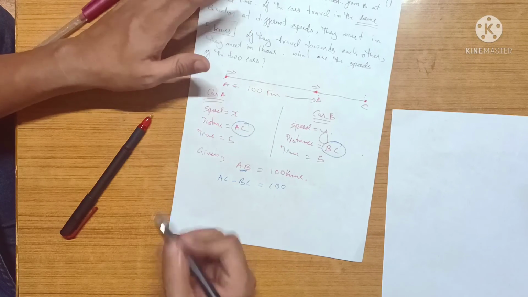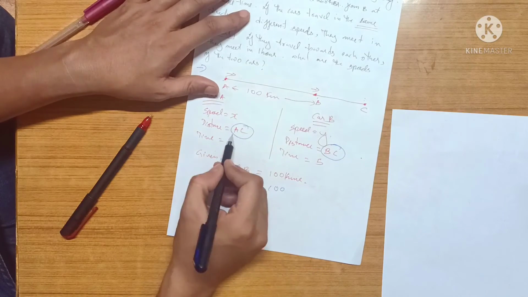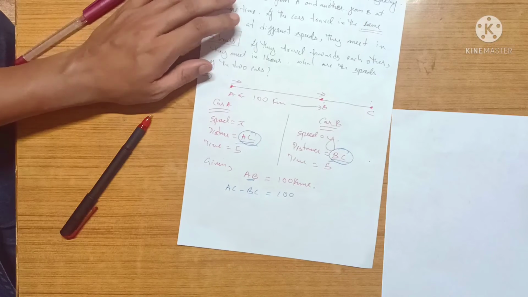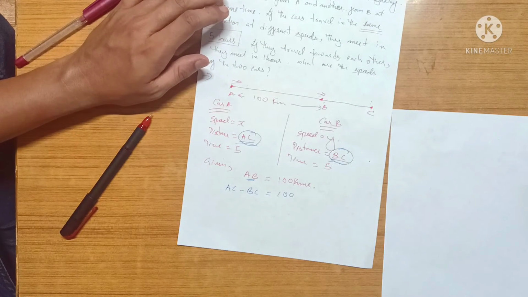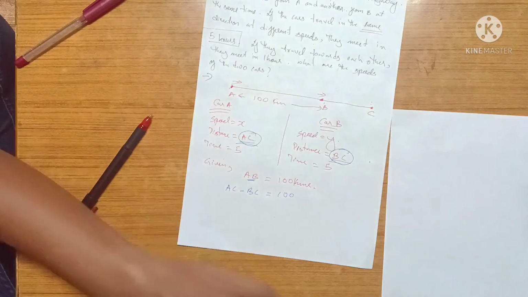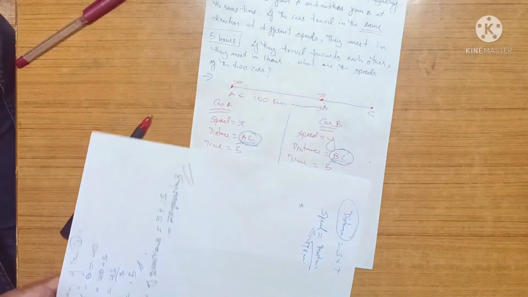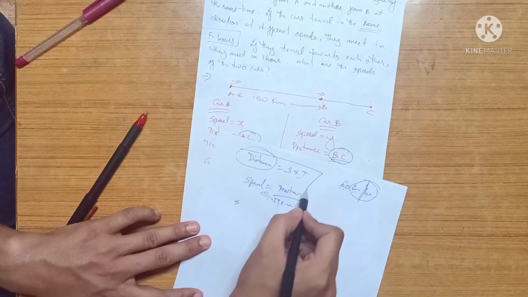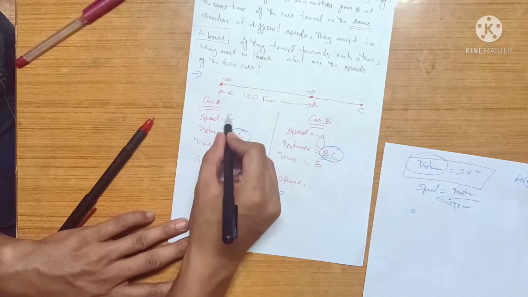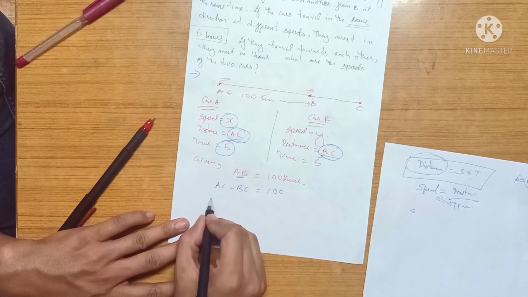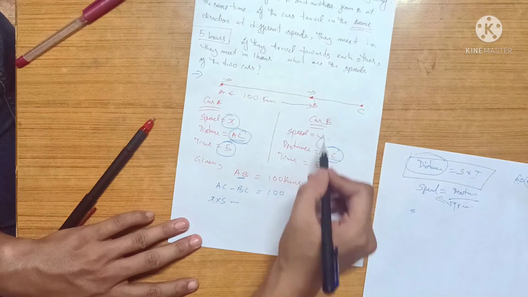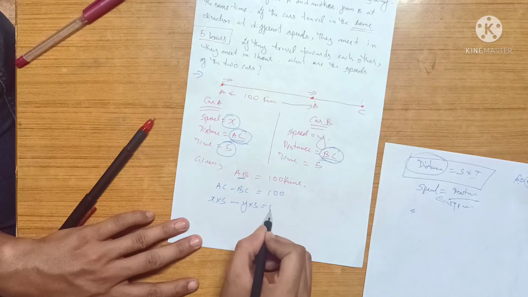But AC is the distance traveled by car A, and BC is the distance traveled by car B. Distance equals speed into time, so for car A it's x into 5, minus y into 5.